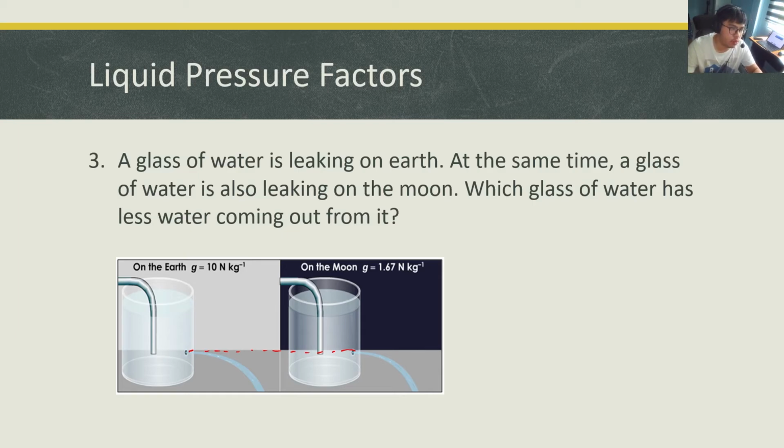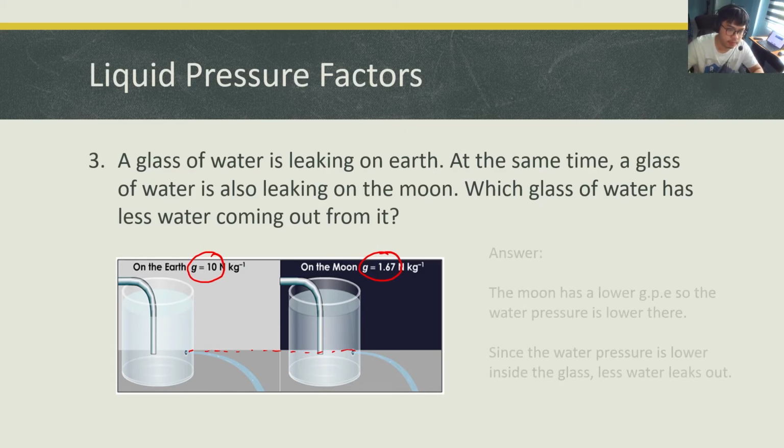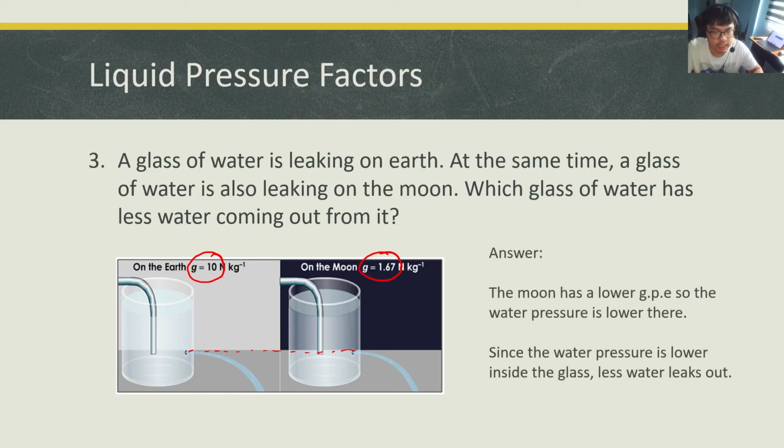The difference is one is on Earth, and on Earth we have a gravitational field strength of 10. On the moon, we have a weaker gravitational field strength, 1.67. So between these 2 points, which one has a weaker pressure and will cause less water to come out from the hole? And the answer to this is the moon has a lower gravitational field strength.